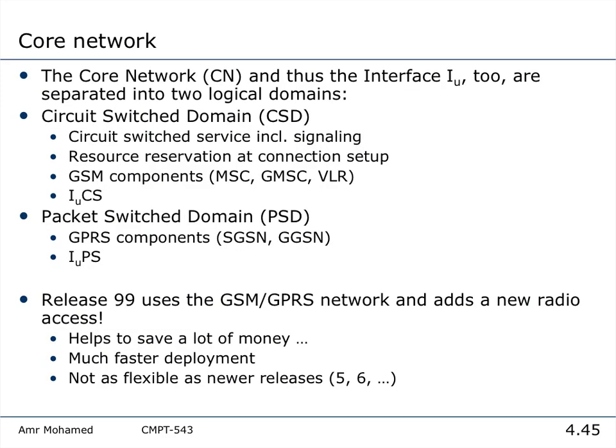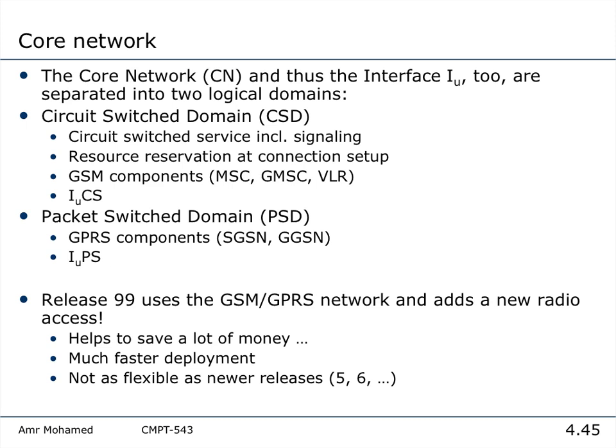So the core network, and that's the interface Iu, are separated into two logical things. There is the Iu circuit switch, which provides all the circuit switching, the Iu CS, and there is the Iu packet switching, which provides all the GPRS or all the packet switching services. Okay?